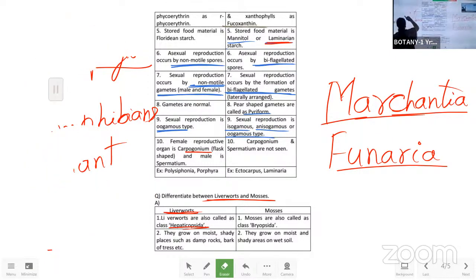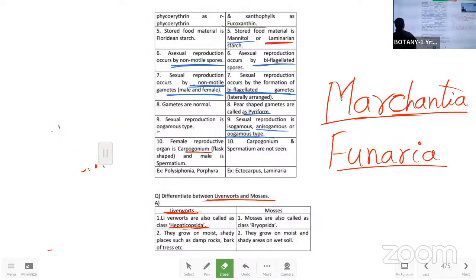So those who are preparing for the improvement exams, it is mandatory to write this class name, and when you are going for a competitive exam, they will obviously ask for the scientific class name, not the common names, for your kind information. So remember the scientific name.